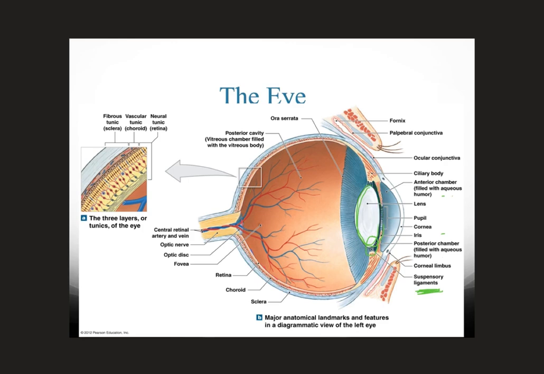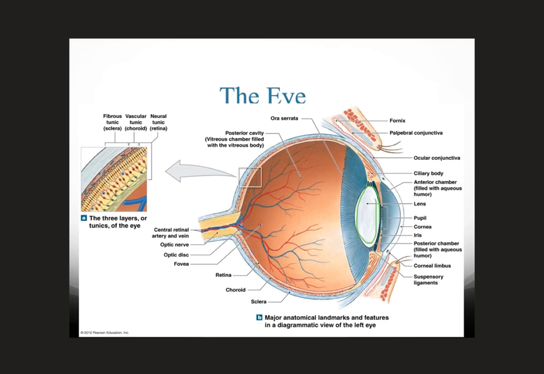And the older you get, the less flexible these suspensory ligaments are. So that's why after a while you need glasses, because your suspensory ligaments can't stretch your lens enough to adjust to the different depths that you have to see. Okay.